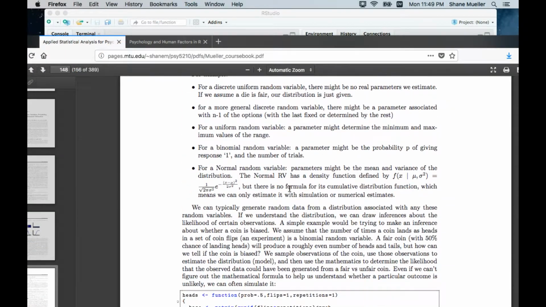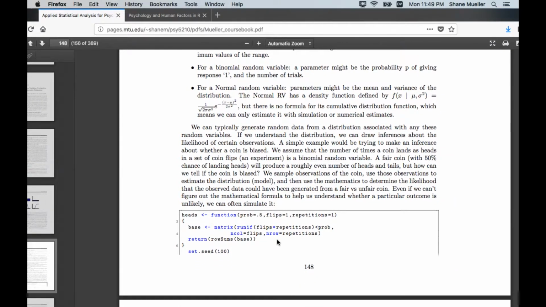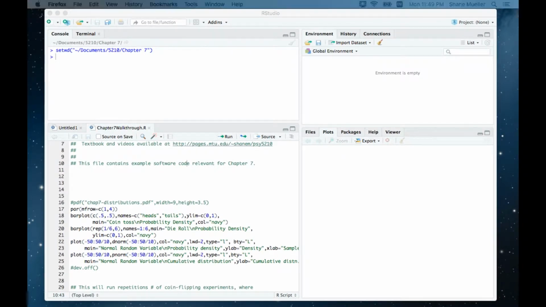Okay, so in the book, I describe a number of random variables and how they might be implemented or simulated with R. So, for example, here is flipping a coin.